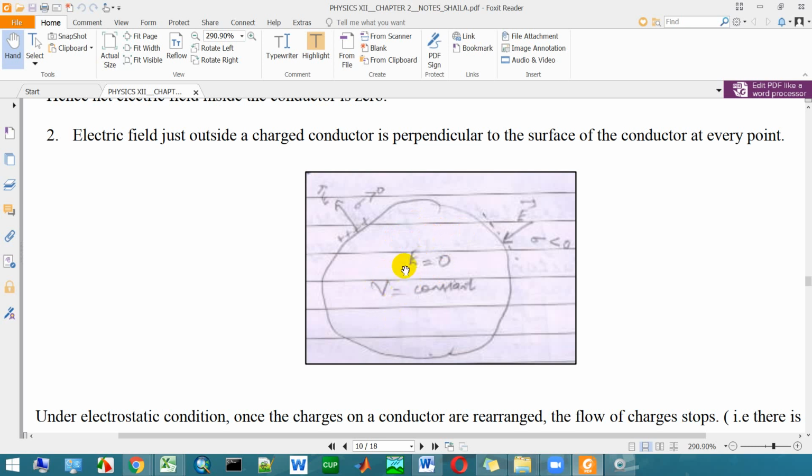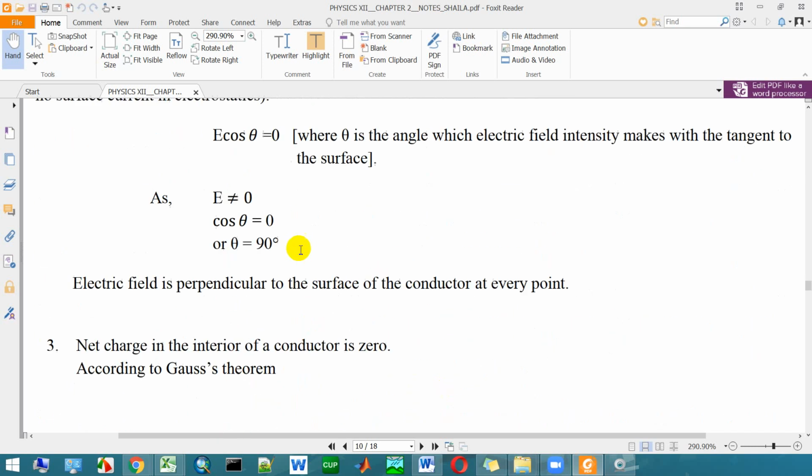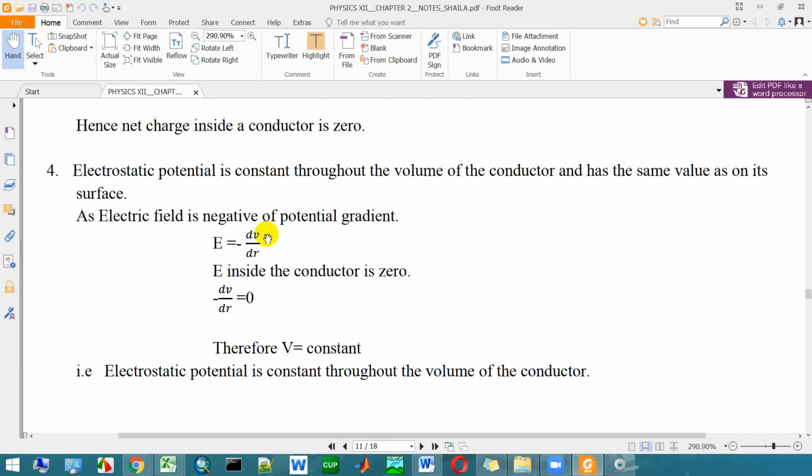And the fourth property is that the potential remains constant throughout the volume of the conductor, that is inside as well as on the surface of the conductor. So these are the very important properties for conductors.